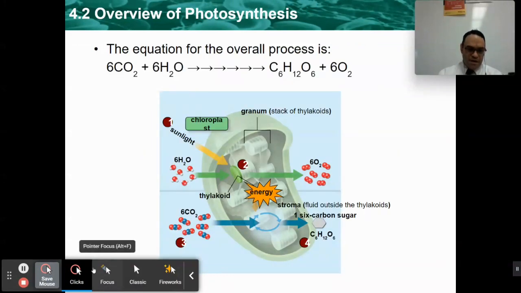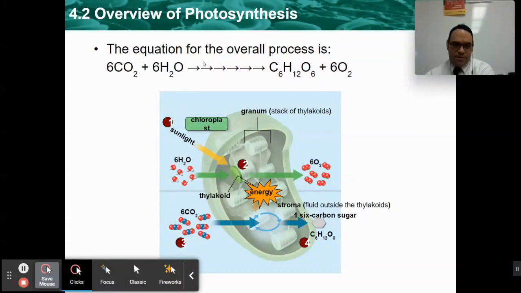So the overall equation, the overall idea of photosynthesis, is that we're going to have six carbon dioxides. Why six carbon dioxides? Because the six here and the C with no number here means C1.